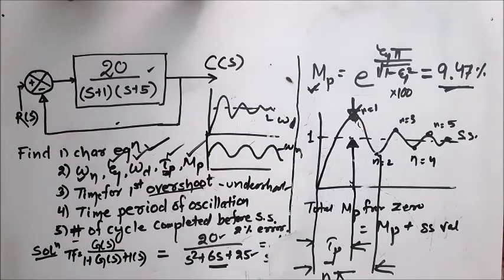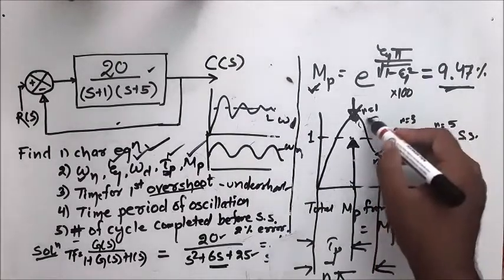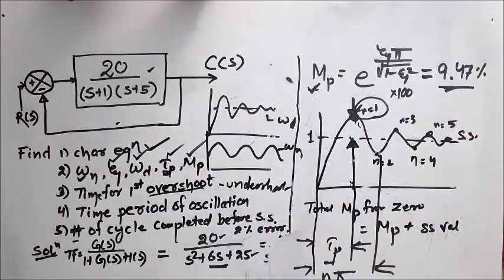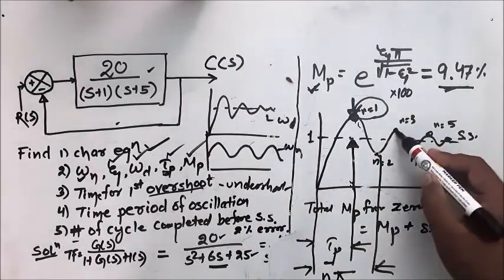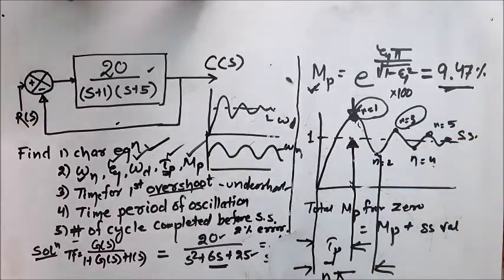If they ask what is the time taken for first overshoot, you replace n by 1. If they ask what is the time for second overshoot, replace n by 3, not by 2. This is the concept you need to remember.